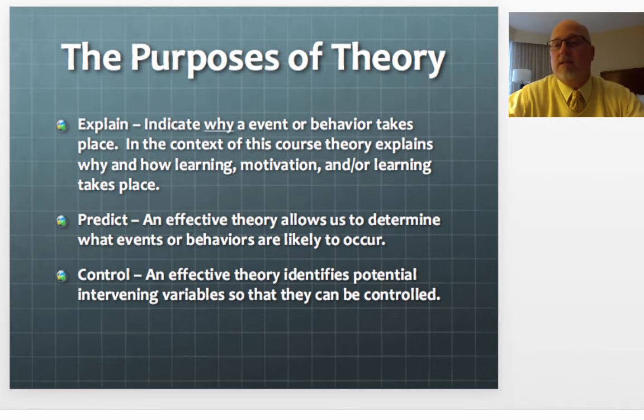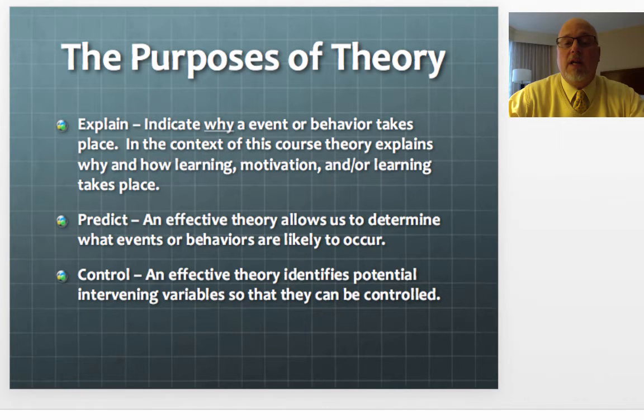As that definition implies, there are three main areas in which theory helps us, okay? And they are to explain, predict, and control. So the main function of theory, as the definition implied, was to explain how a phenomenon takes place.